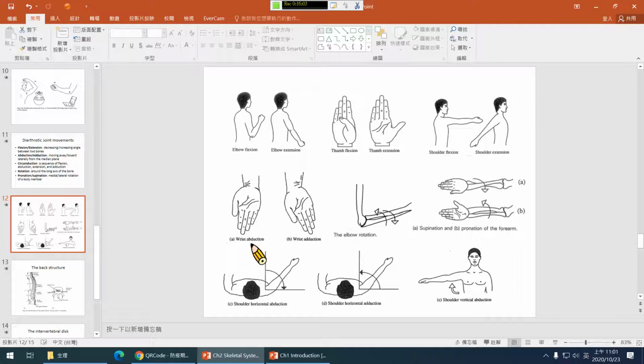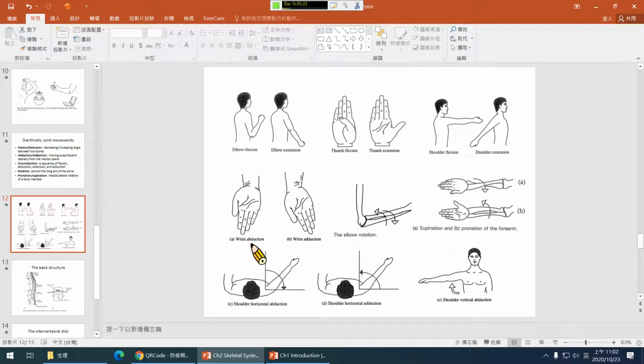Look at my palm, facing forward. Now I'm just moving my hand away from the median plane, away from the sagittal plane, right? So is this the same as this? Wrist abduction.